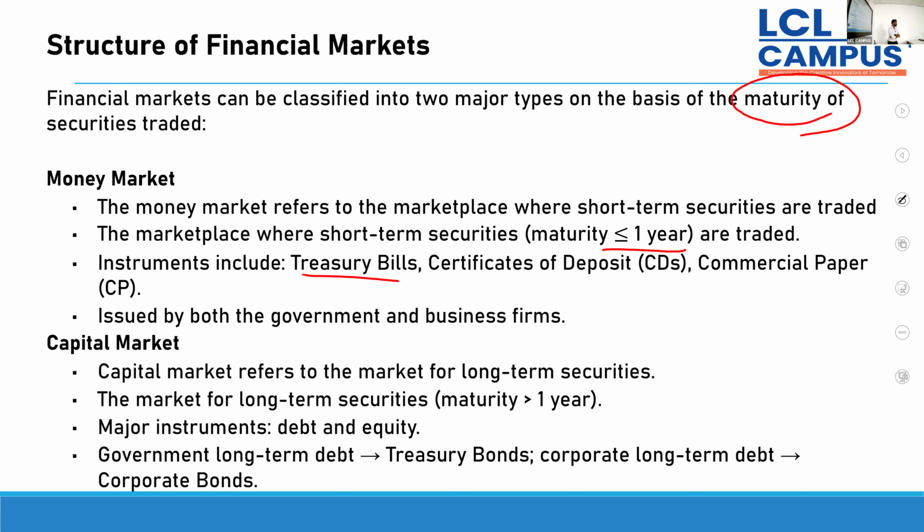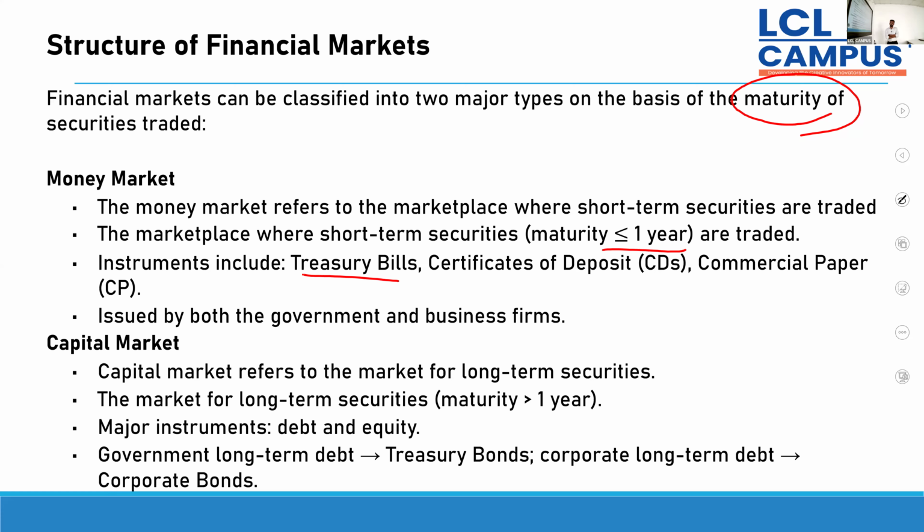And commercial papers, who issues these commercial papers? You know, treasury bills are issued by government. Very good. Commercial papers are issued by businesses, right? Not shares, just a kind of agreement, right? We can't go for shares in the money market, right?